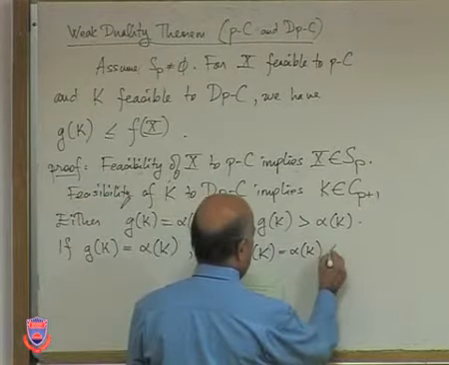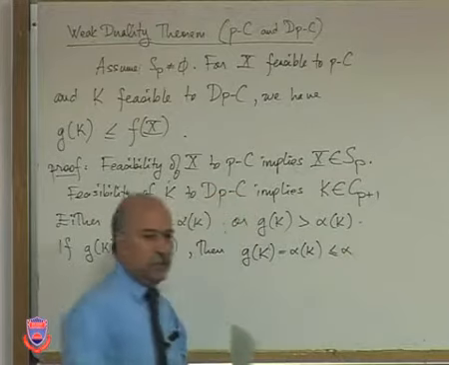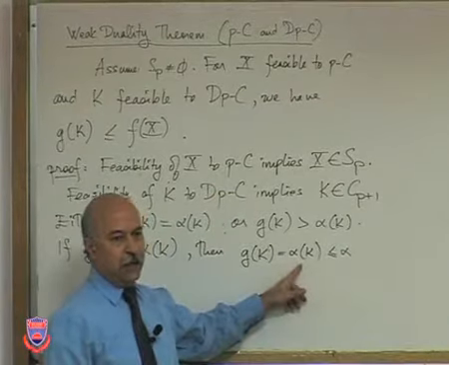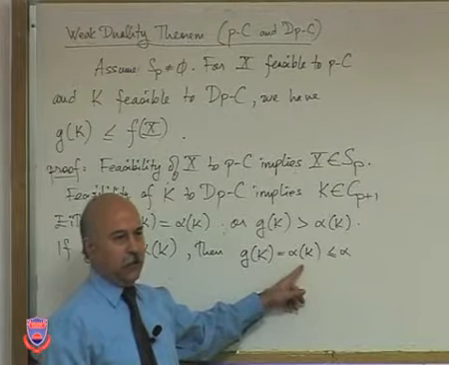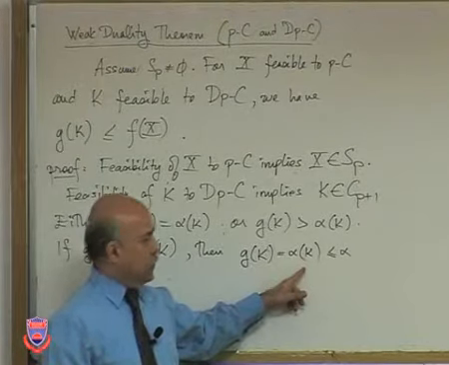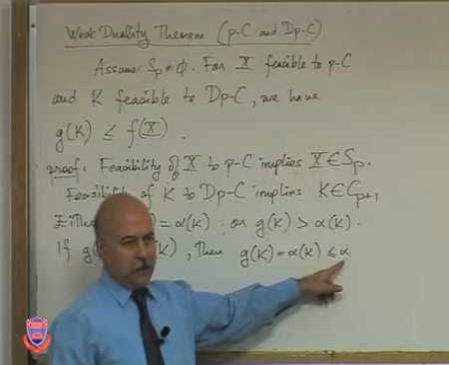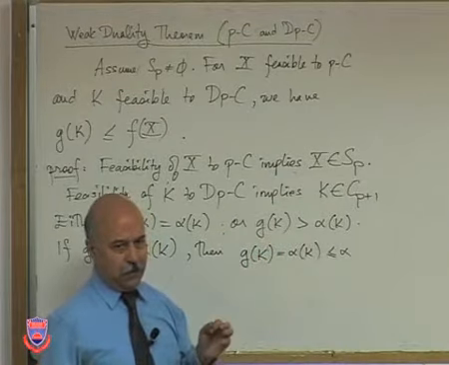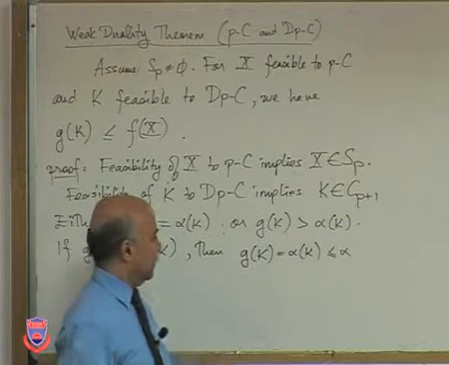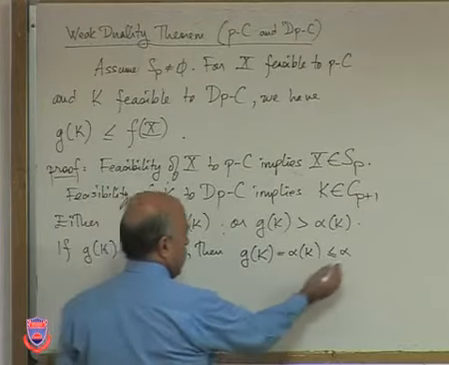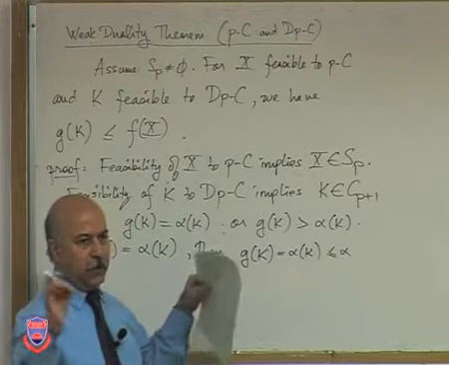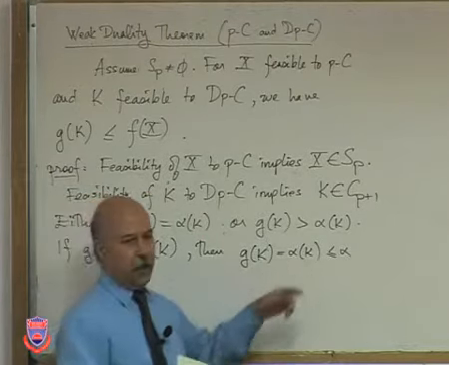Alpha K is less than or equal to alpha. What is alpha K? Alpha K is the maximum Fj0 value restricted to set K. Alpha is the maximum Fj0 value for the entire set of vertex indices. So alpha is computed relative to a larger set, which includes K as a subset.